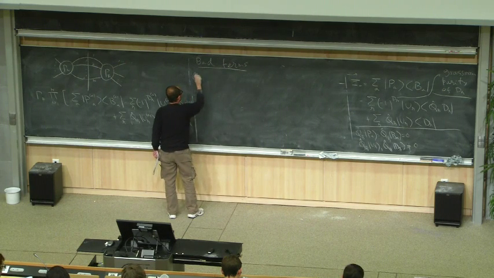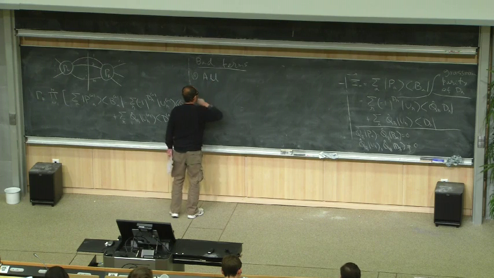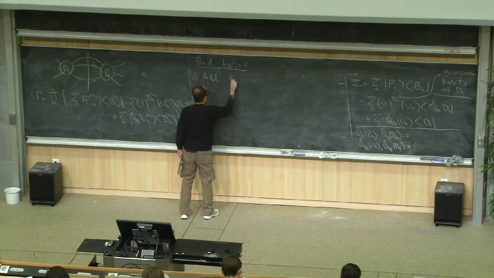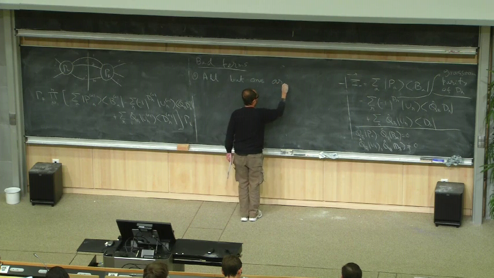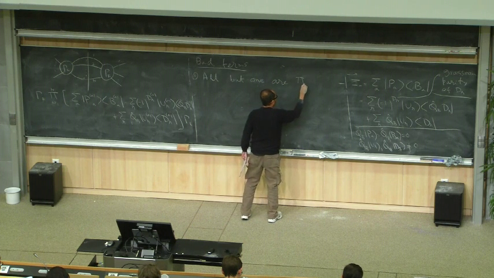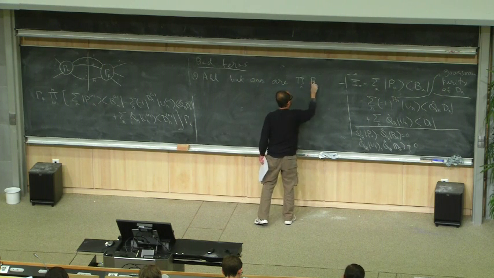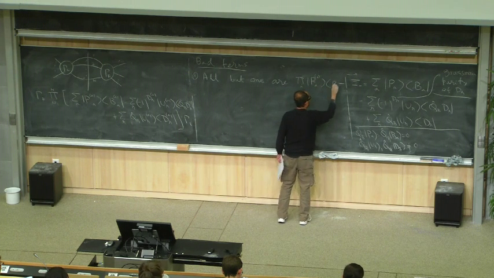So the first example, which is, as I say, the simplest bad term, all but one are product over I, Pi, ABI.